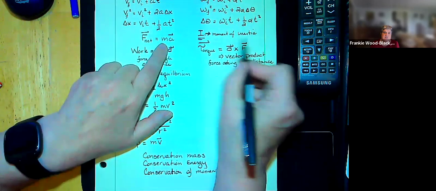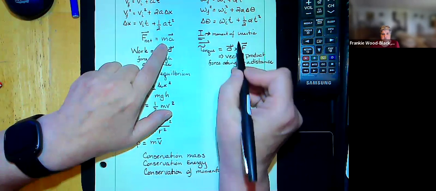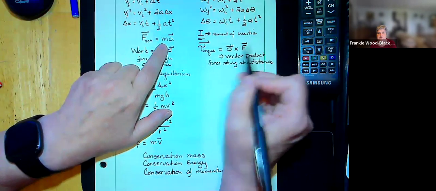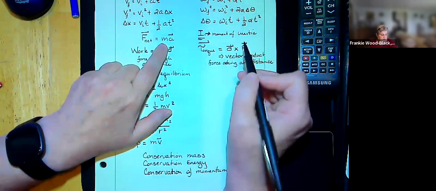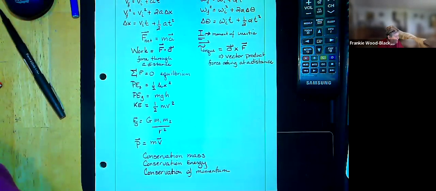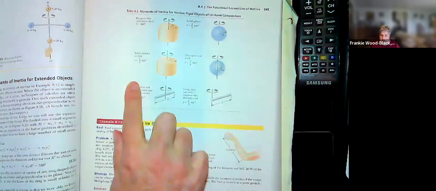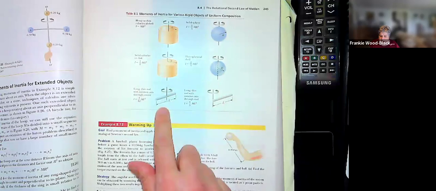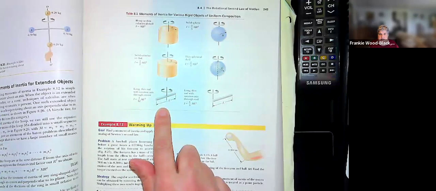And so we can have moments of inertia that are different for spheres, different for point masses, different for disks, different for a variety of things. And in fact, I'm going to reference your chapter right here, you have a table in your book. This is table 8.1, and it's got different moments of inertia depending upon how the object is there.